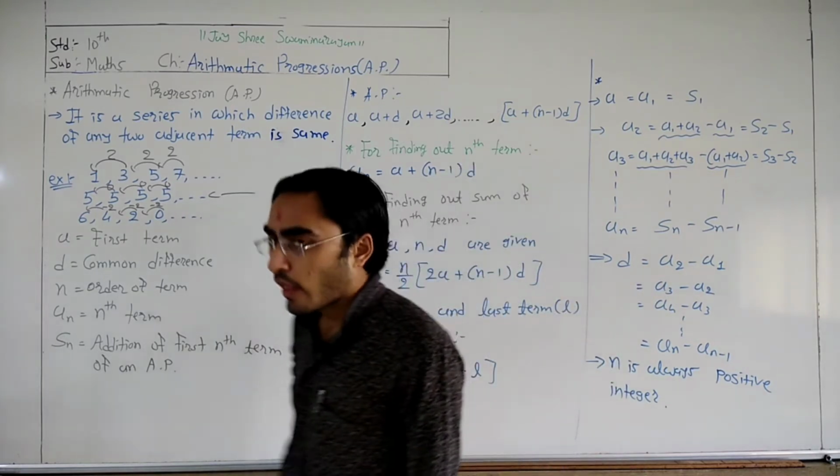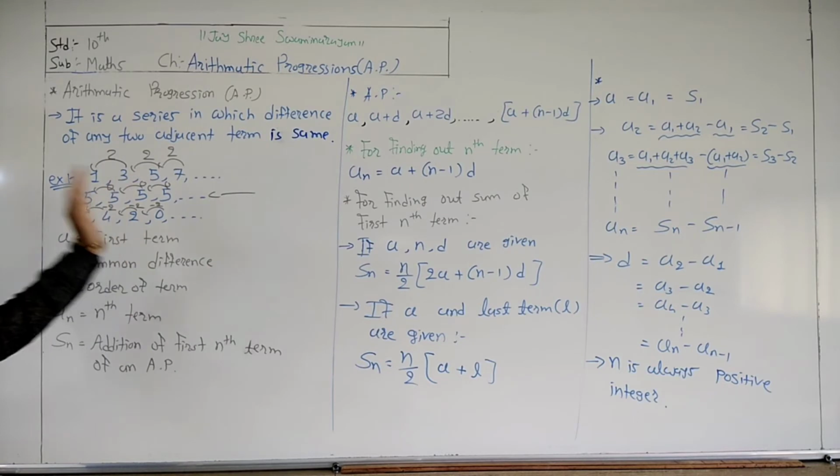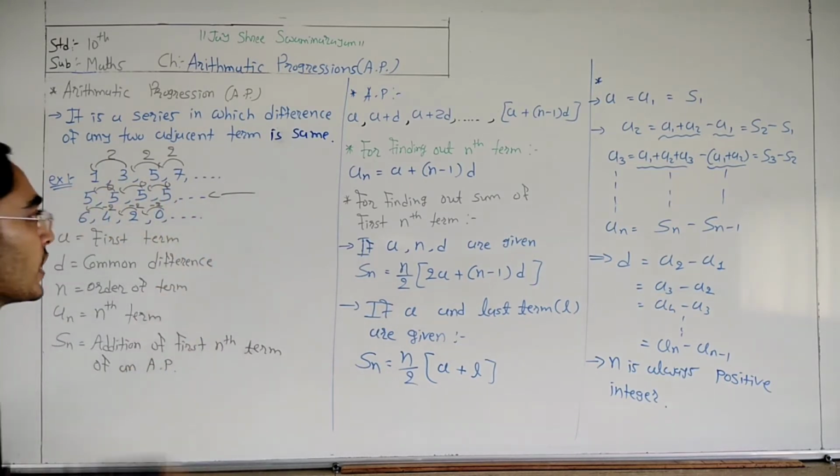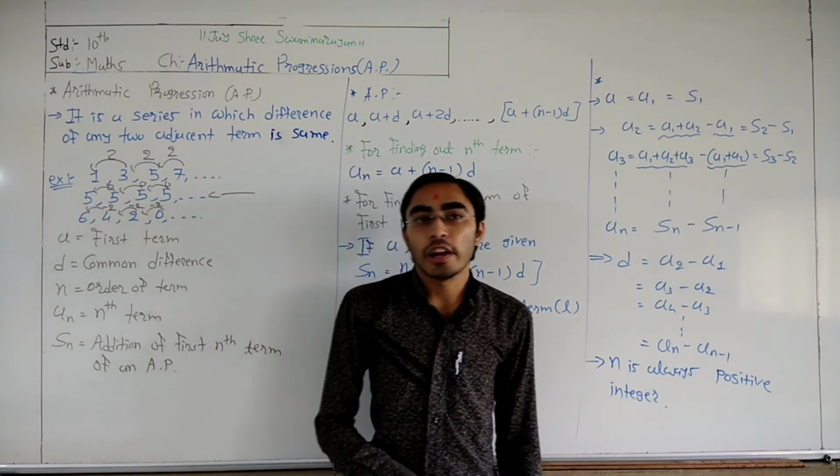Now after that, we need to learn some terminology. a is called the first term. Lots of terms are there in this series. In series we have two types: infinite series and definite series.